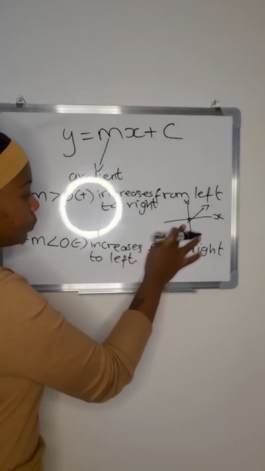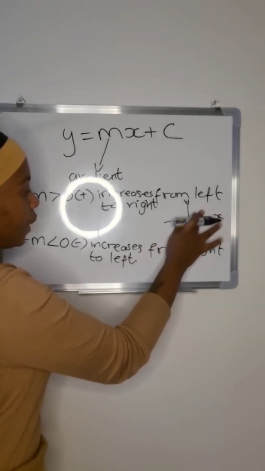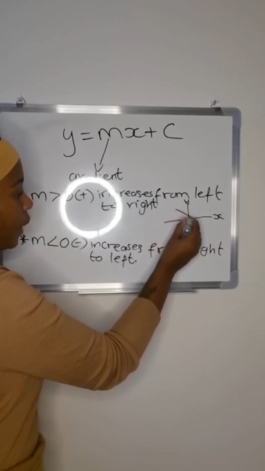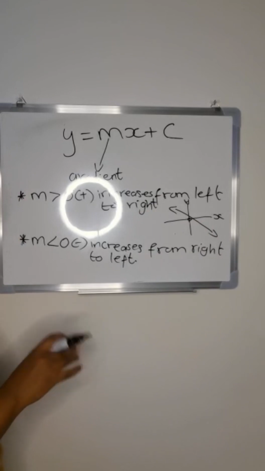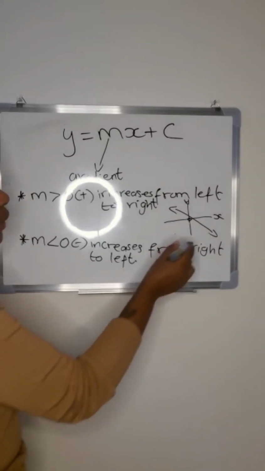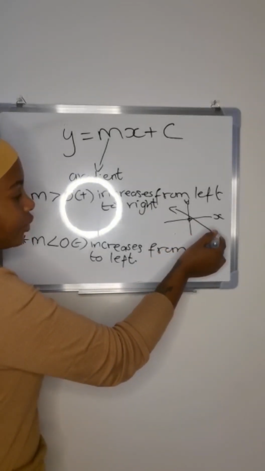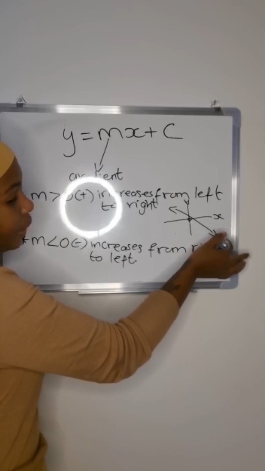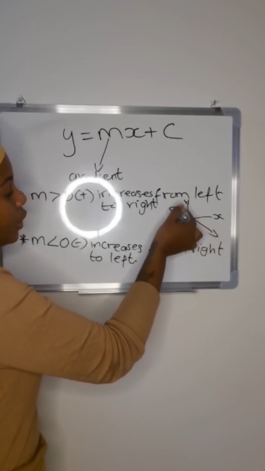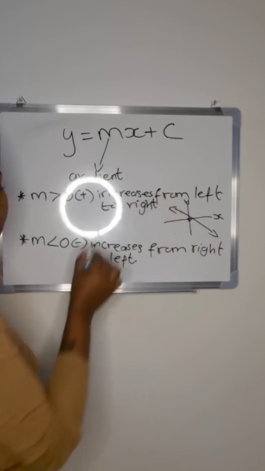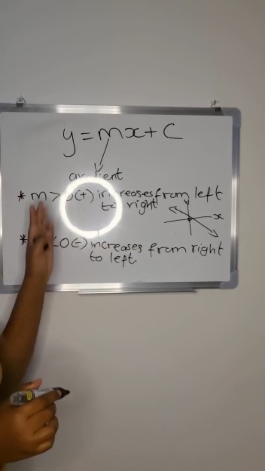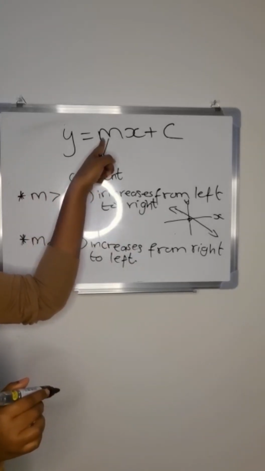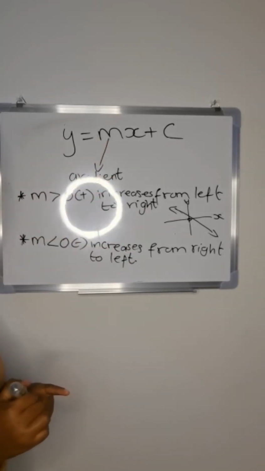Demonstrating this on the Cartesian plane, our graph will be like this. If you have a line that goes that way, it means the gradient is negative. The line increases from the right side of the Cartesian plane to the left hand side. That is the effect of the value of m. That is how m affects the mother graph.